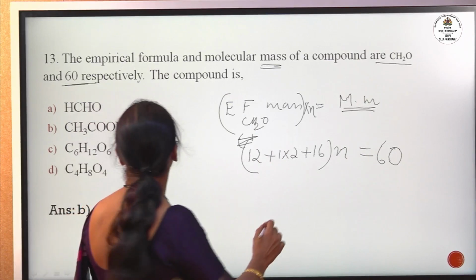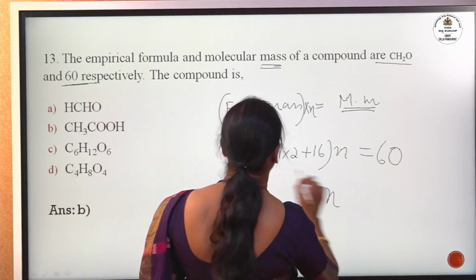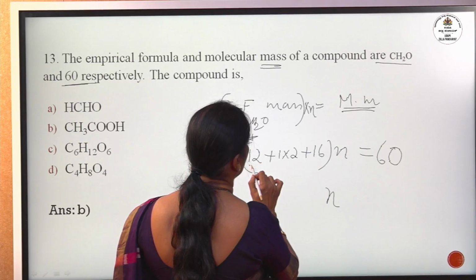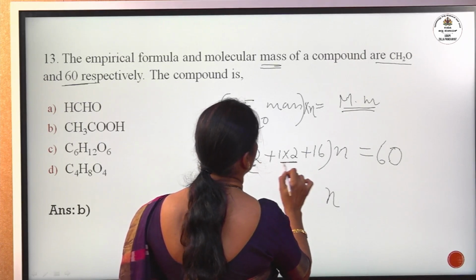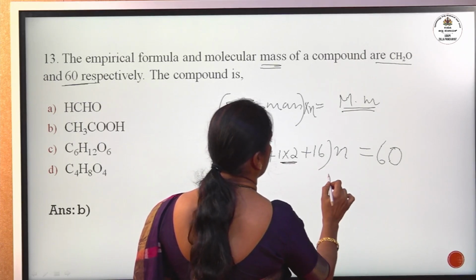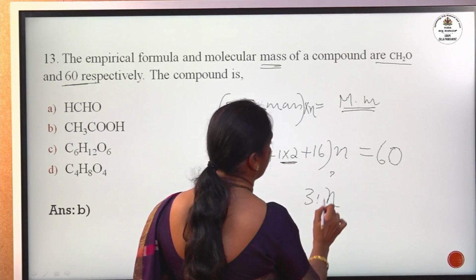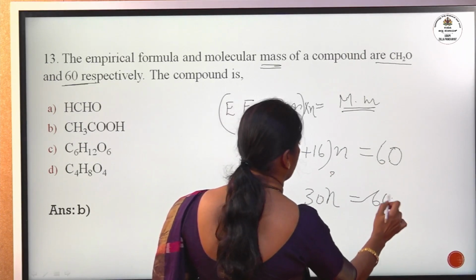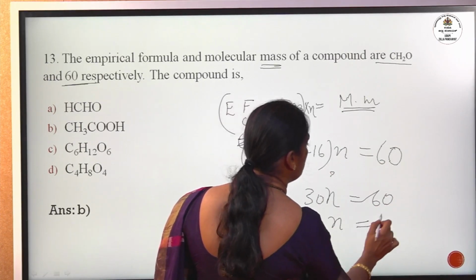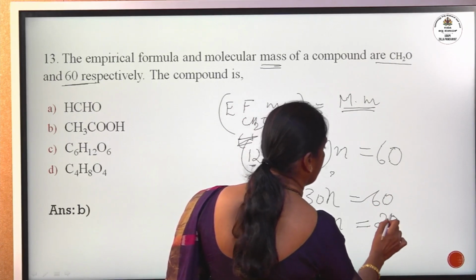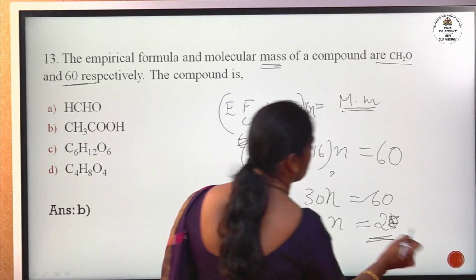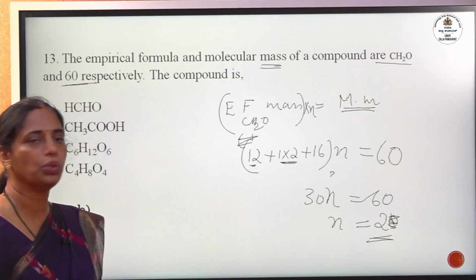From this we can calculate N. Here it is 12 plus 2, 14, plus 16, 30. 30 N is equal to 60. N is equal to 60 by 30, which is 2.